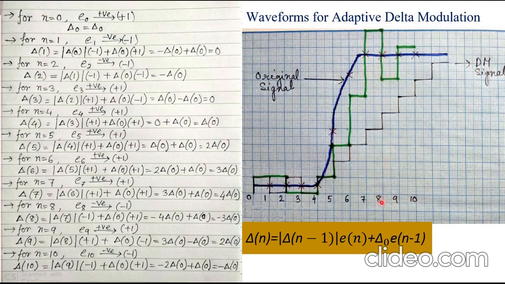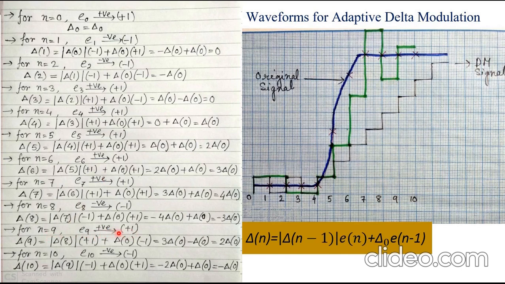Okay. And again it will compare with its original signal. So original signal is greater than this, so it means error is positive. Okay. So for n equal to 9, E9 is positive.